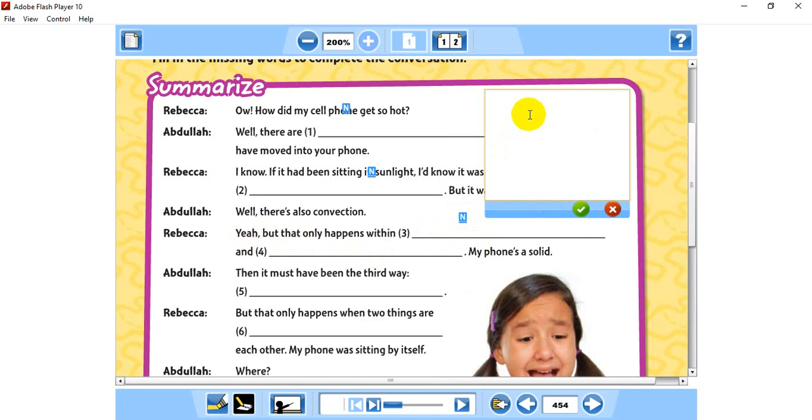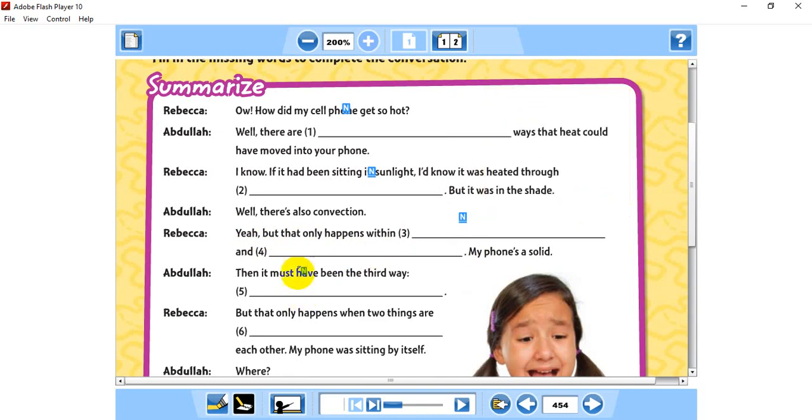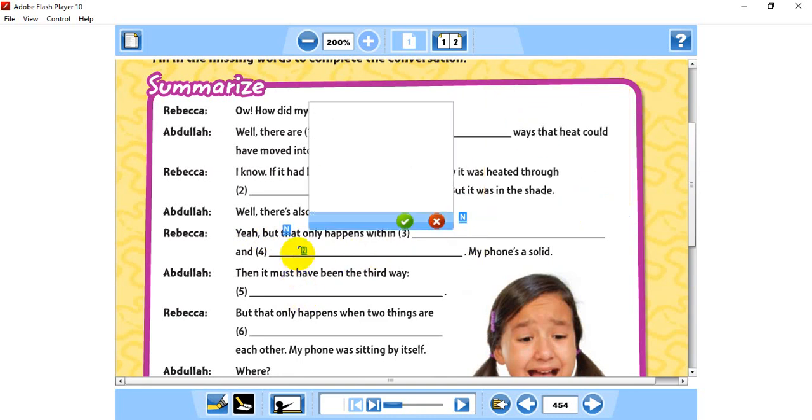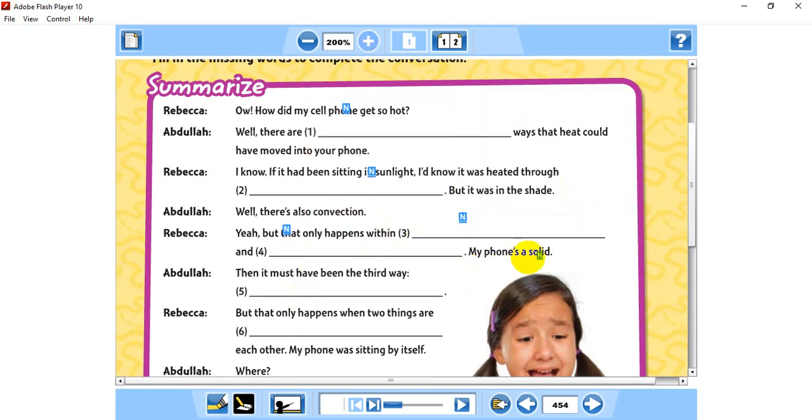Do you remember when convection happens? I told you many times, it happens with liquids. This is the first one. And with gases. But what about my phone, which is solid?